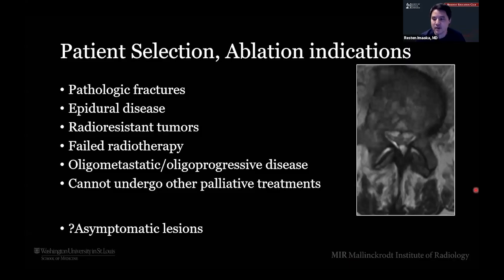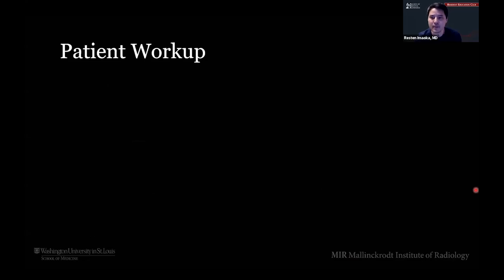So that's fractures, pain. There are current trials going on looking at treating these asymptomatic metastatic lesions. I think that might spill over to the IR world, and we may start seeing instances where we're treating these asymptomatic lesions as well.